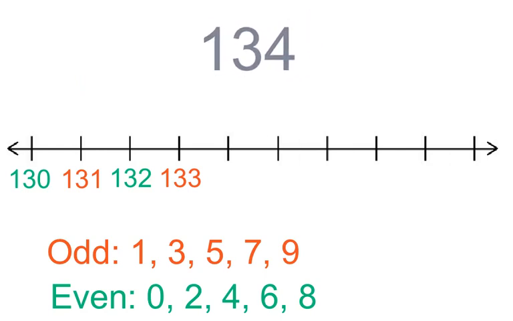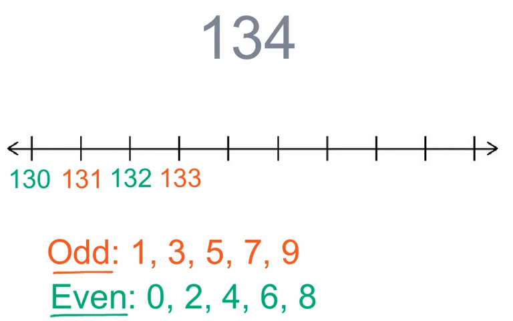Here's 134. Remember that instead of talking about green and red, we're going to try to use our math terms, odd and even. Odd numbers end in 1, 3, 5, 7, or 9. Even numbers end in 0, 2, 4, 6, or 8.